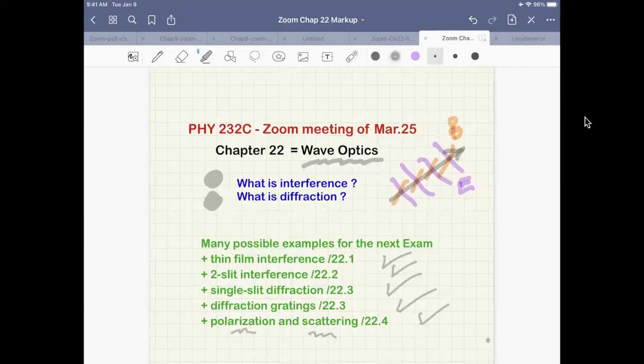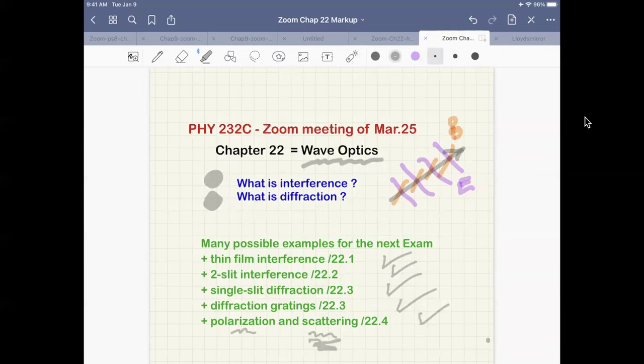Higher frequencies are in the blue and violet end of the spectrum. Lower frequencies are in the red and orange part of the spectrum. So this explains why the sky is blue, or why the sunsets look orange, because of the behavior of scattering of light by molecules in the atmosphere.